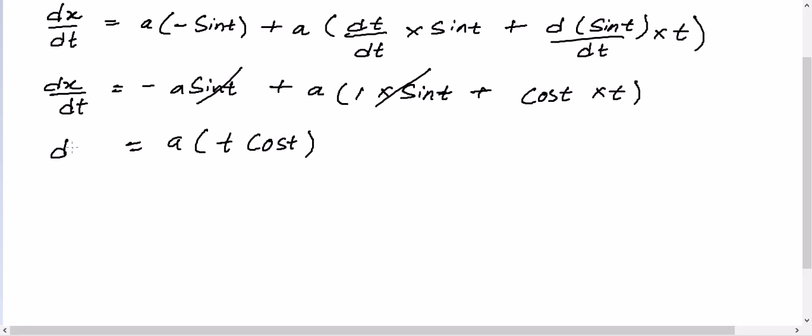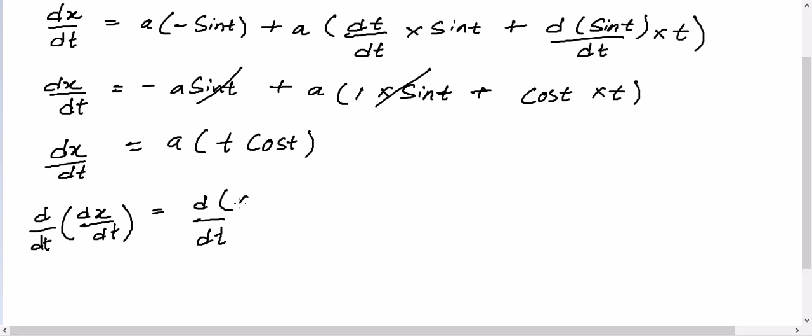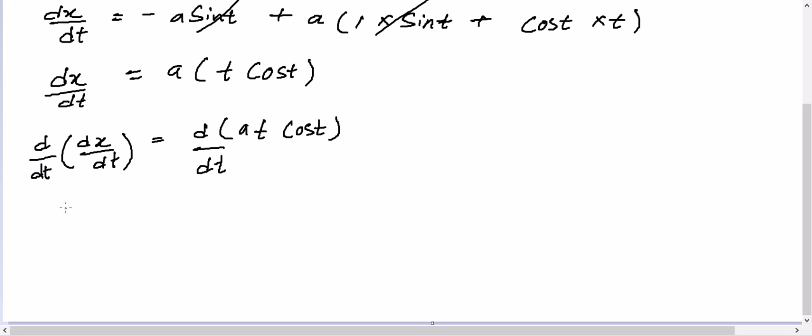So now to find the second derivative of x with respect to t, we'll differentiate the above statement again with respect to t. So left side it is this, and right side again we will be using the product rule as I mentioned earlier.